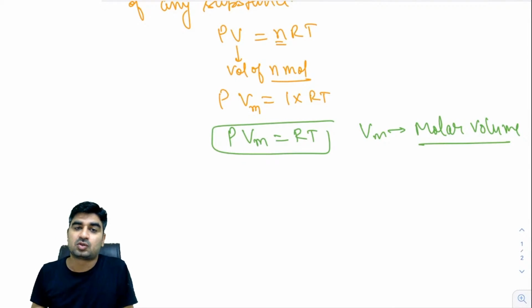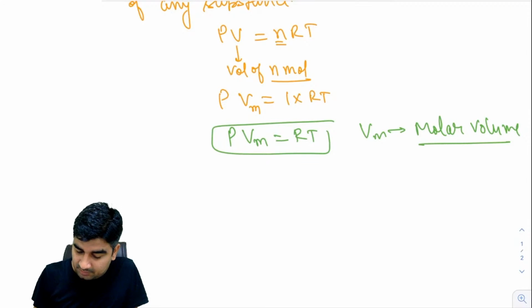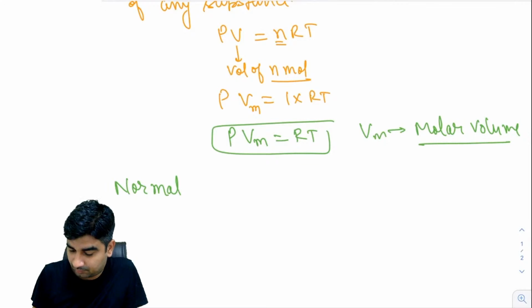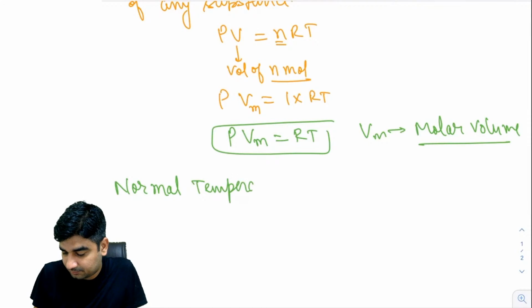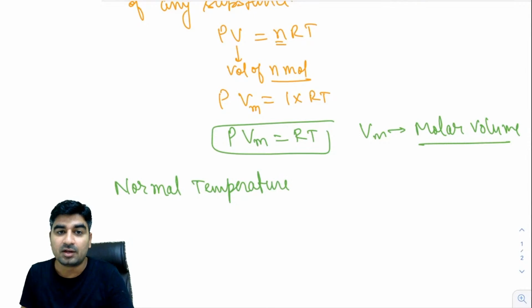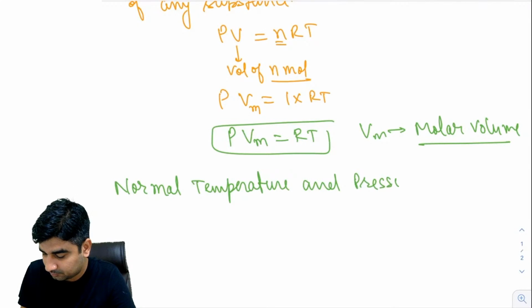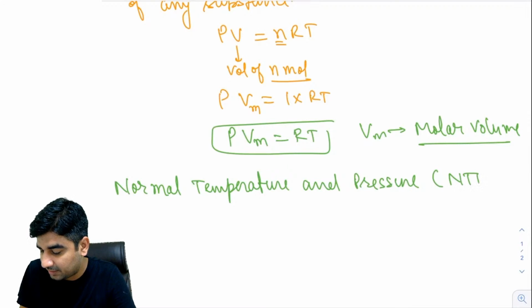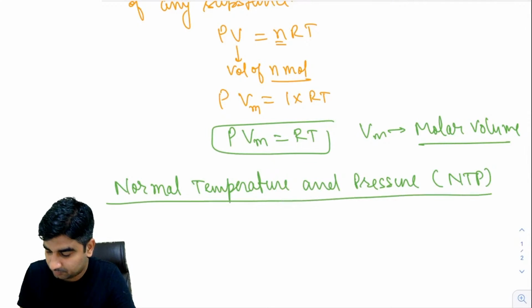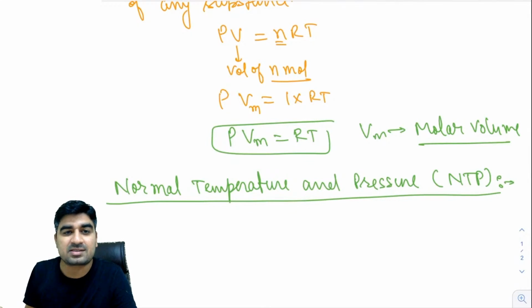Right? So there are two conditions. One is normal temperature and pressure. I call it NTP. What is that?